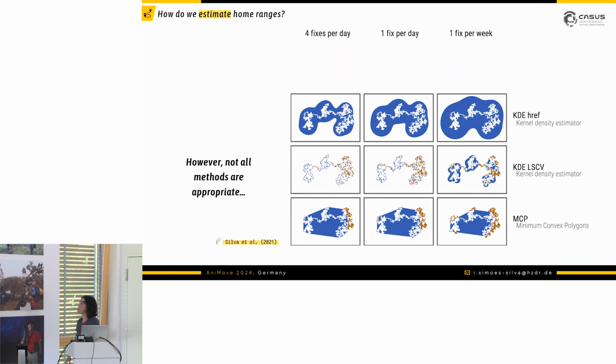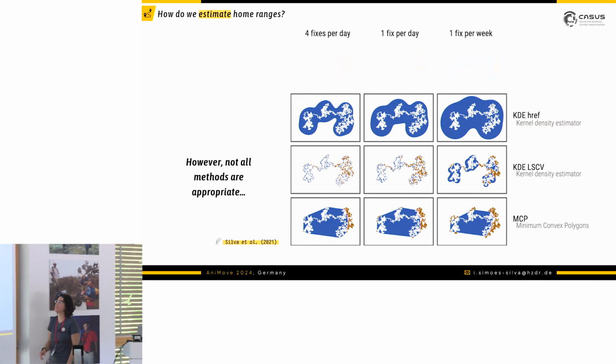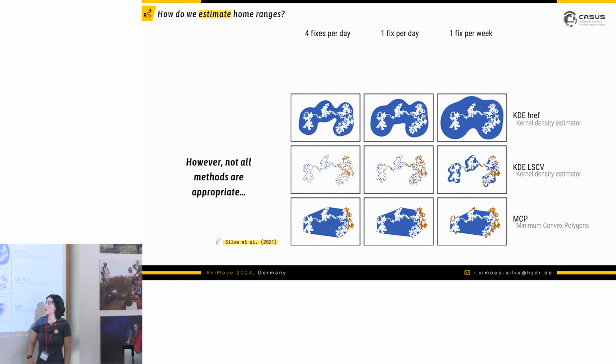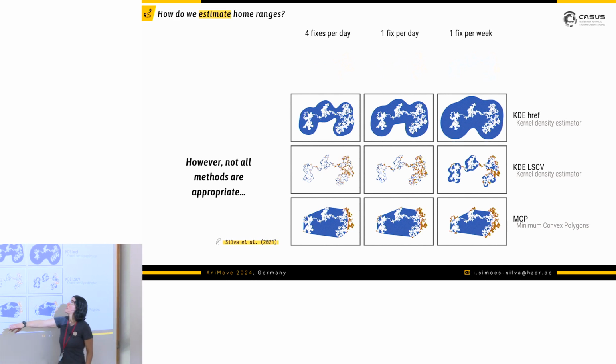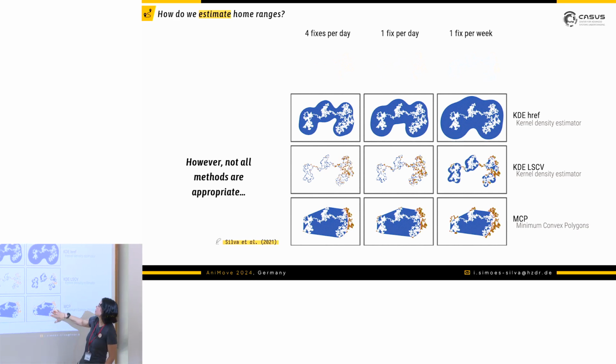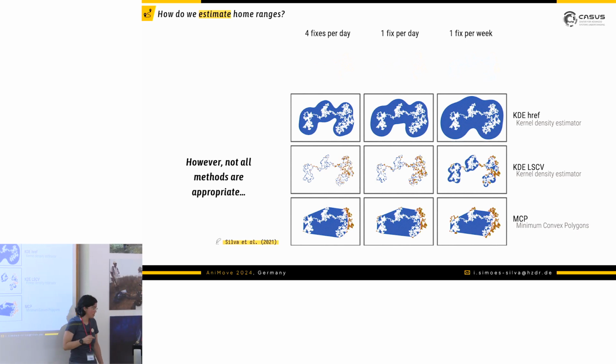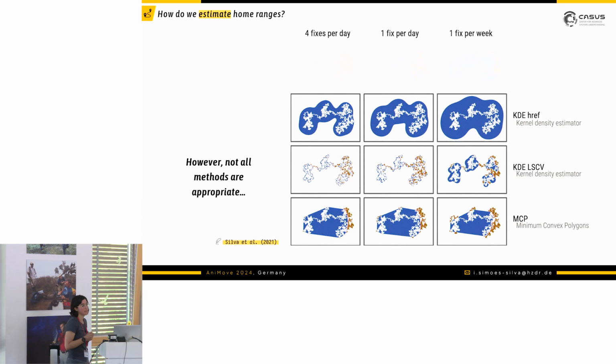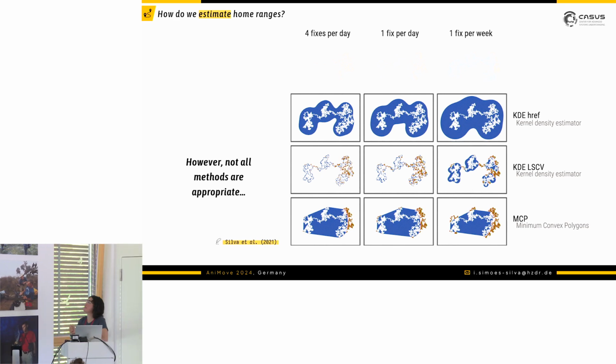And as we can see here, the difference is essentially the sampling interval, going from 4 locations a day to 1 location per day and then 1 location per week. As we can see, both of these bandwidth selection methods, the Gaussian reference and the LSCV, change sometimes very dramatically depending on the sampling interval.